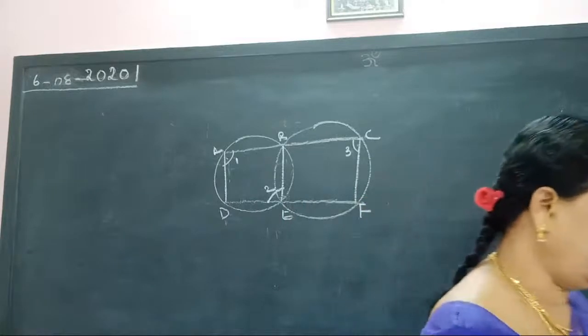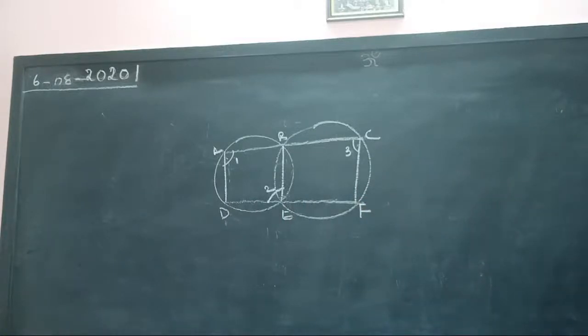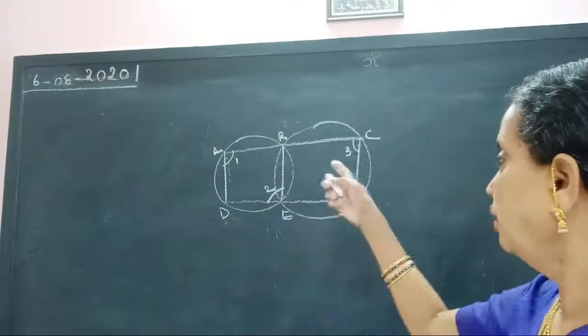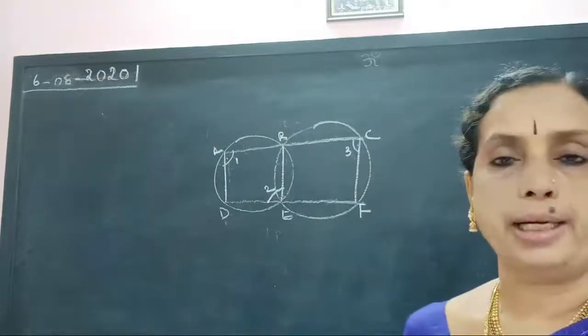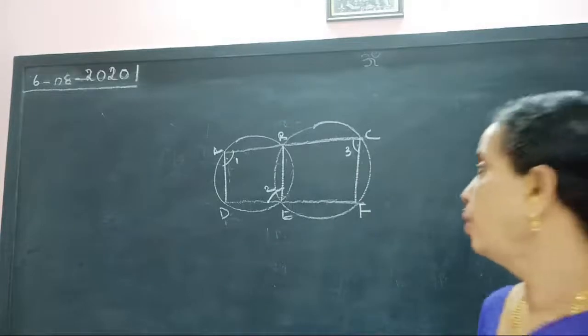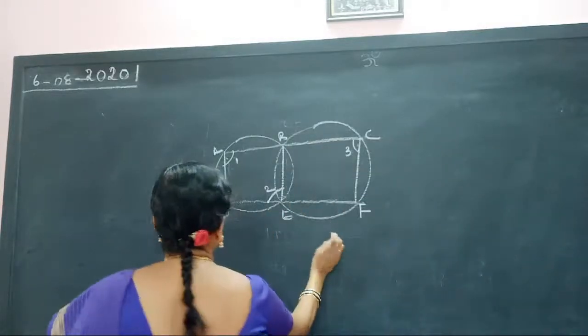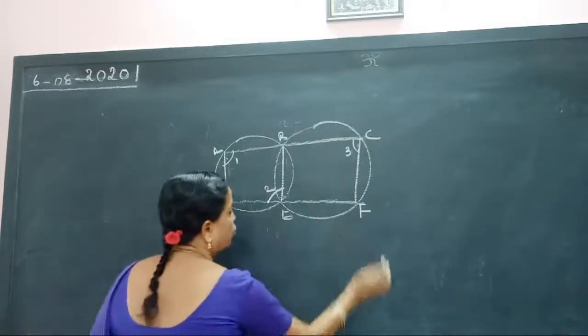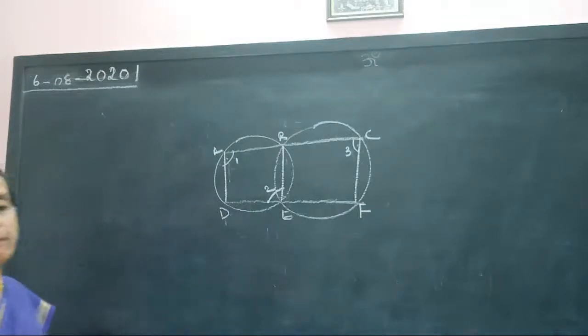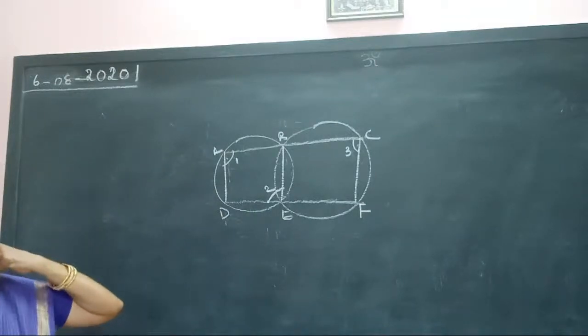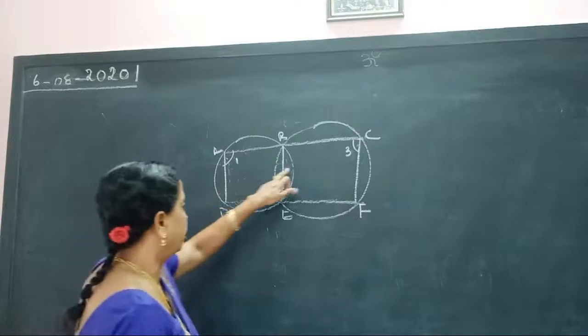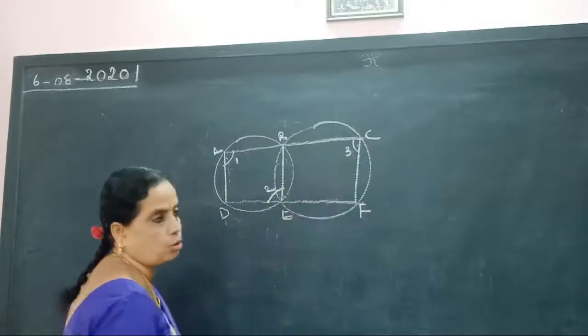ABC and DEF are two sets of collinear points. Collinear points mean they are on the same straight line. So ABC is a straight line and DEF is also a straight line. When it is a straight line, we can consider it as a transversal also.